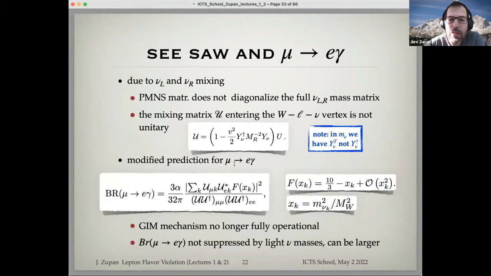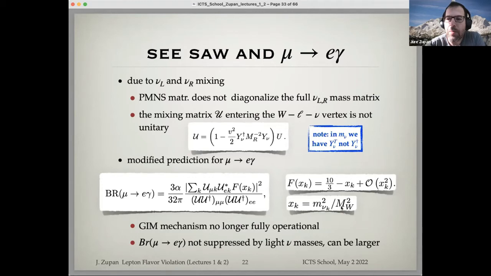All right, so let's go over this. There was the following change. This mixing matrix U is no longer unitary. So instead of having the GIM mechanism, which has a sum over the loop functions going to 0 when I have just a constant in the loop factor, the piece that is left is the M nu over MW squared.